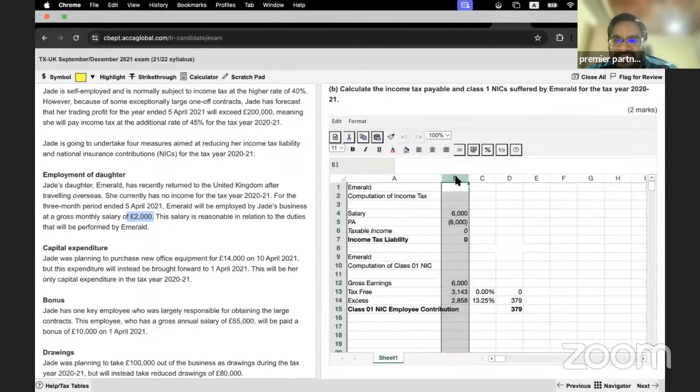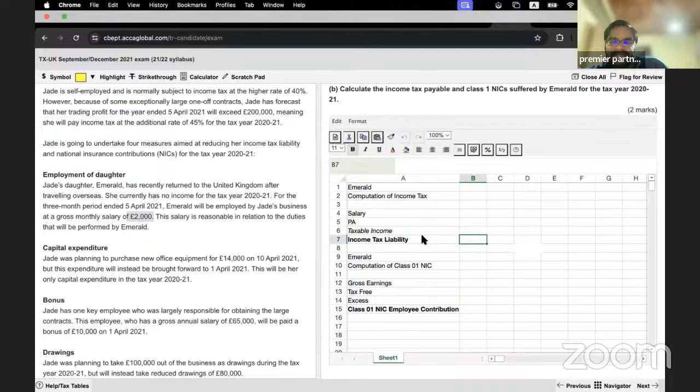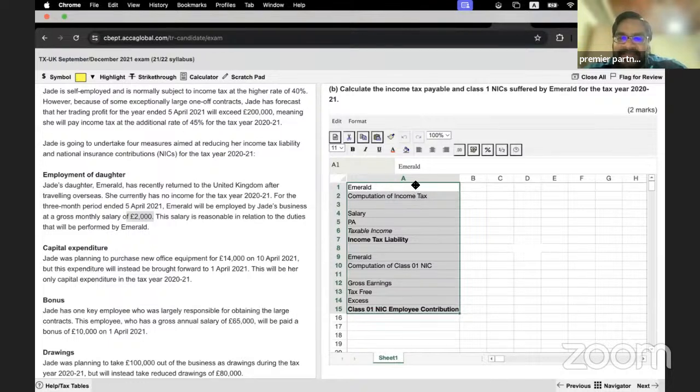Okay. So let me take out all the numbers and do it from the beginning with you guys. So I will not do the typing part just to save the time so that we can do more questions. But answering part, I will do from the sketch. As usual, guys, have the name of the taxpayer at the top. Tell what you are going to compute.